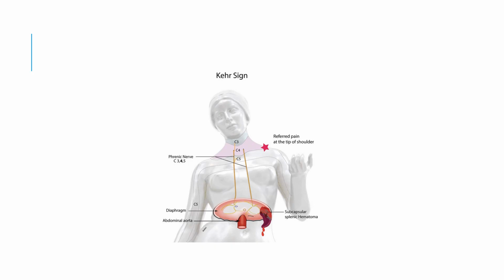So this is Kehr sign. C3, C4, C5 is the root value for the phrenic nerve, which is supplying the diaphragm. So that is the dermatomal distribution of the shoulder tip also. That is why when there is bleeding from the spleen, it irritates the diaphragm and it gets referred to the shoulder.